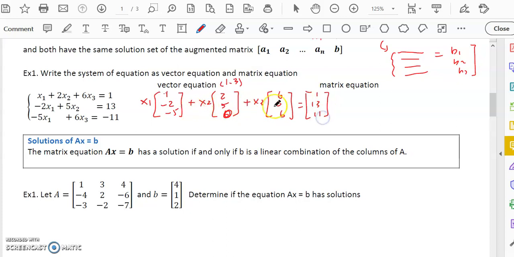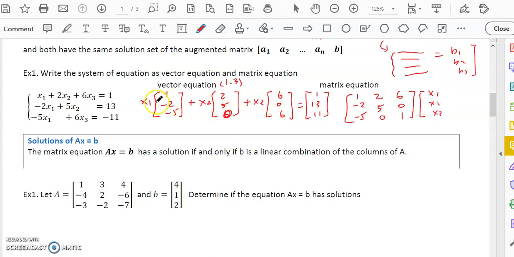So it is a vector combination. So you're asking what combination of these? How can I combine these to become 1, 13, 11? And you can solve this by using an augmented matrix, right? So that's what we talked about in 1.3. Now, with the matrix equation definition, that would mean 1, -2, -5, 2, 5, 0, 6, 0, 1 times our weights x1, x2, x3, right?